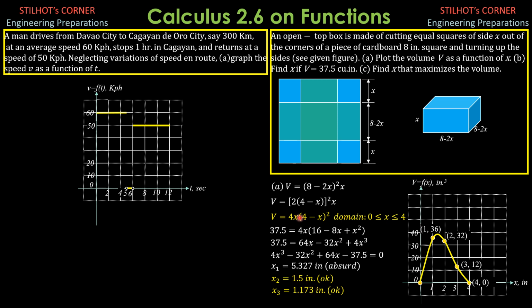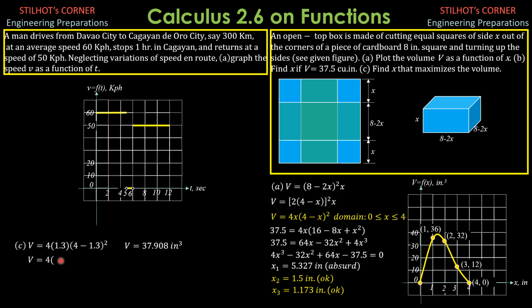So let us evaluate volume from this formula here. When x is 1.3, because 1.3 is somewhere between 1.173 and 1.5, the volume is equal to 37.908, which is greater than 37.5.